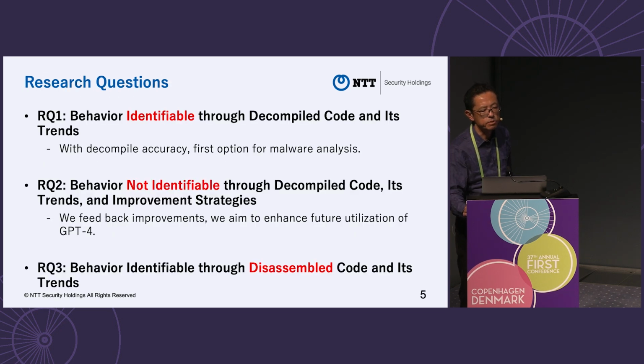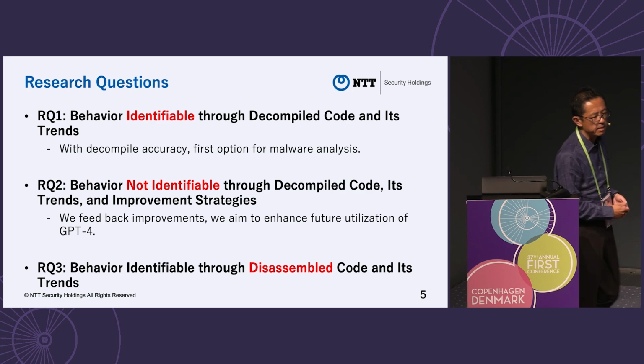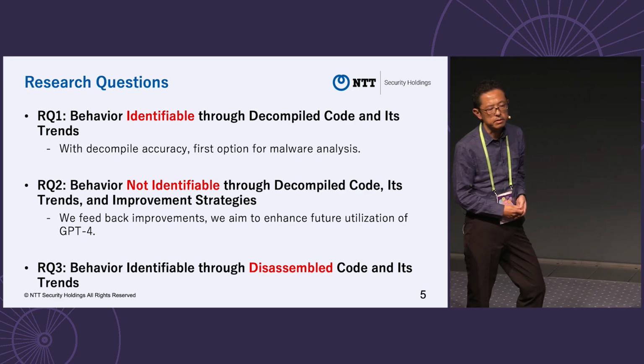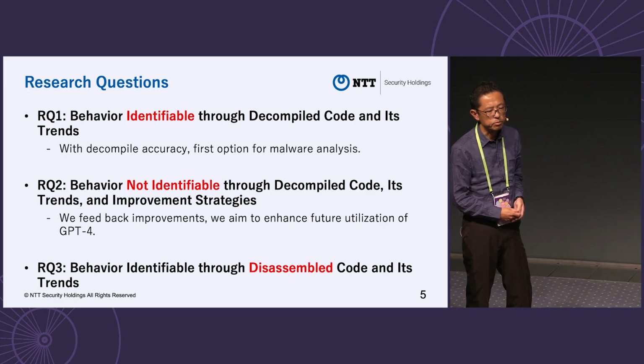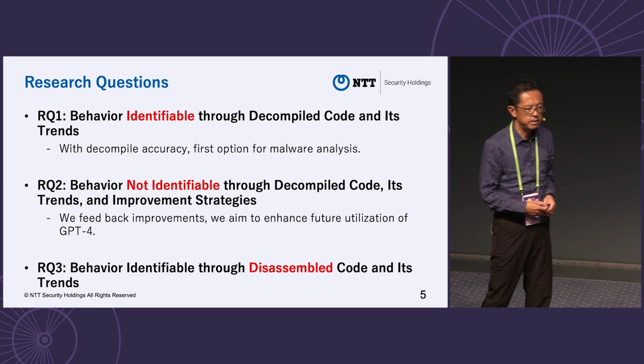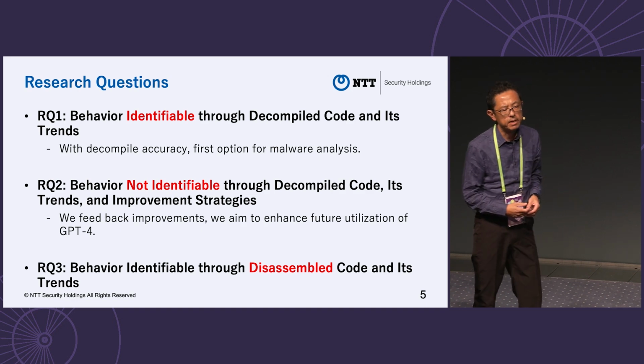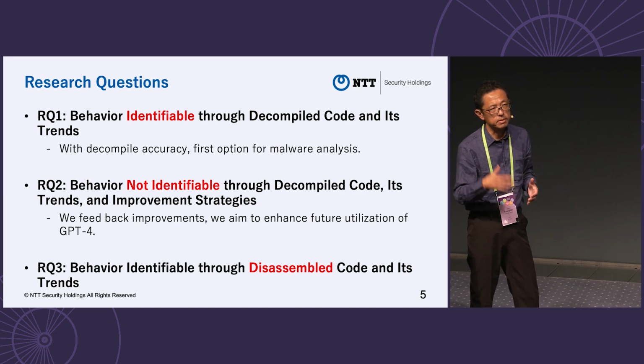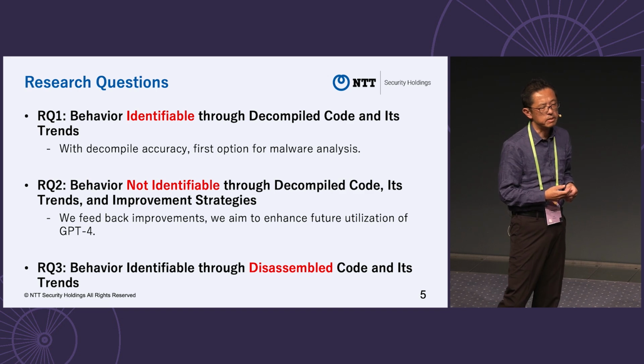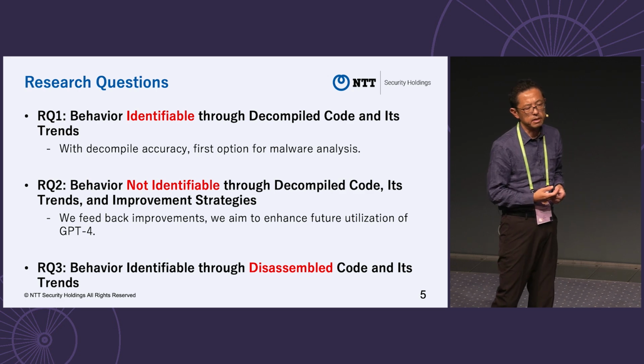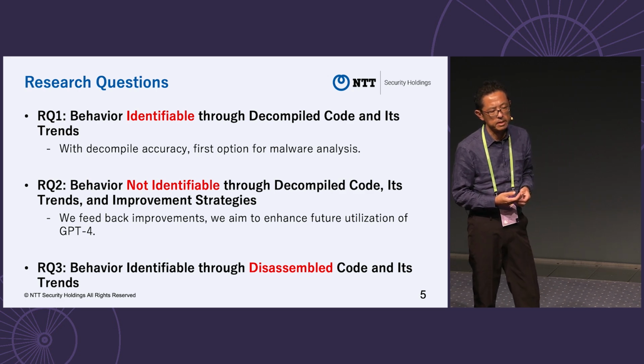Okay, research questions. We set up 3 research questions. The first one is behavior identifiable through the decompiled code and its trend. These days, decompiler technology has improved rapidly, so it is very accurate. With this decompile accuracy, it is our first option for malware analysis on a daily basis.